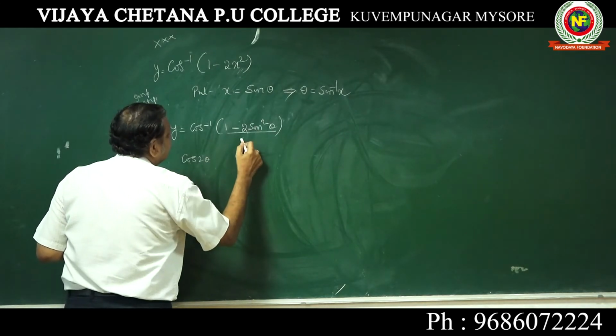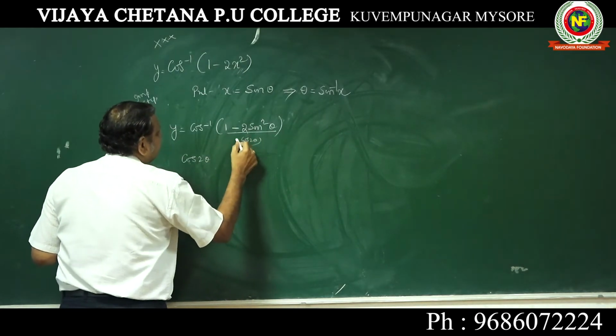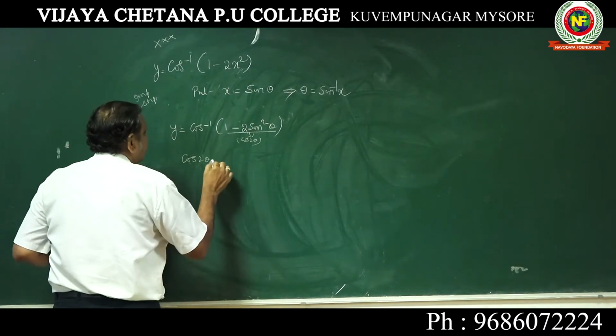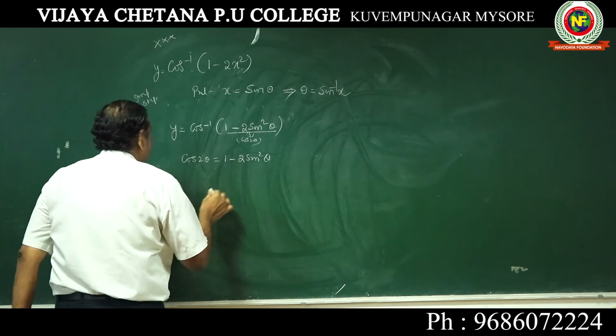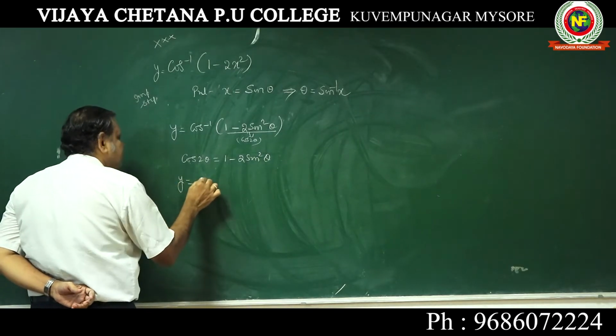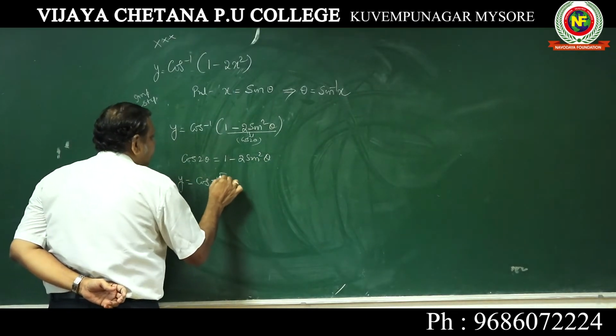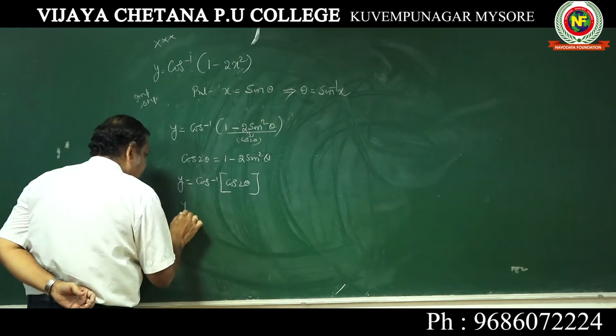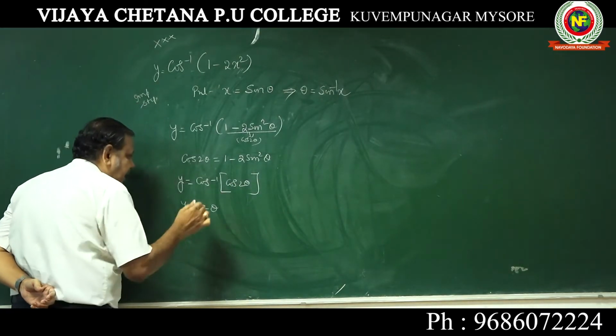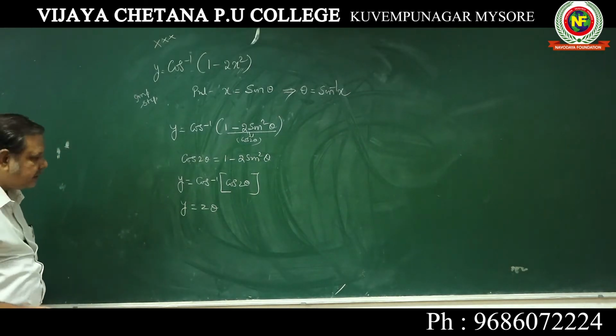This is nothing but cos 2 theta. Cos 2 theta is 1 minus 2 sin square theta. So y is equal to cos inverse cos 2 theta, and this will be 2 theta, because cos inverse of cos x is x.